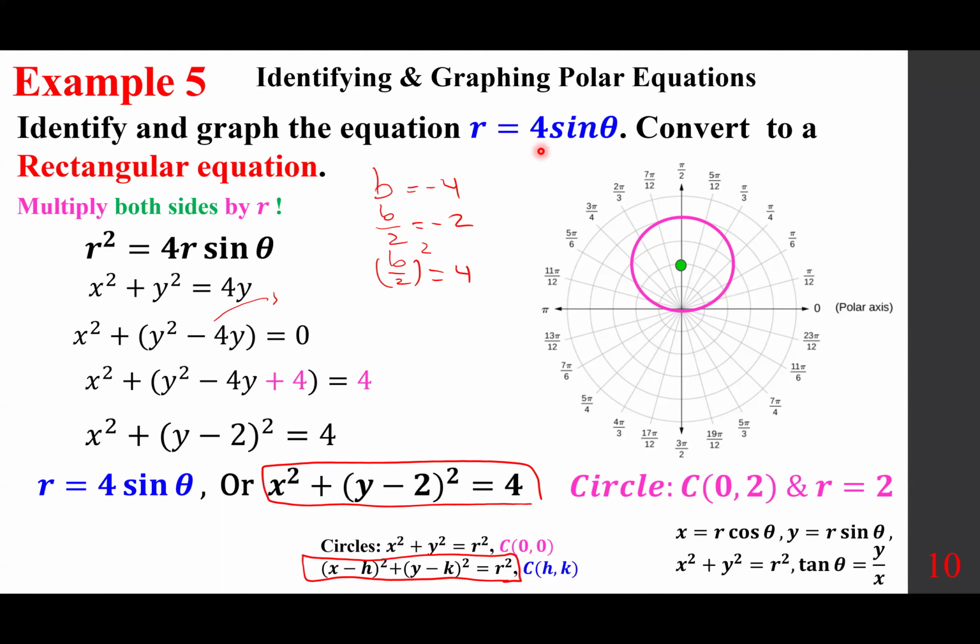If we have r equals a number times a sine, it results in a circle along the y-axis. Now, where is the center? Well, depends on this one, okay? In this case, when it's 4, you cut it in half, becomes 2: (0, 2).